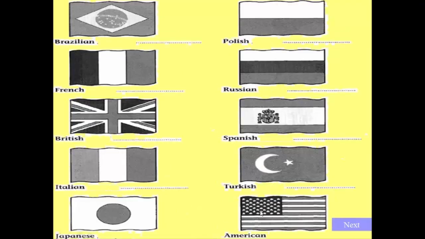We have France as well, Russia, Great Britain, Spain, Turkey, Italy, Japan, and finally the USA, or the United States of America. Okay, so here we have the flags. This is the Brazilian flag. Obviously all of you probably know this flag. Polish, French, Russian, British, Spanish, Italian, Turkish, Japanese, and finally American.